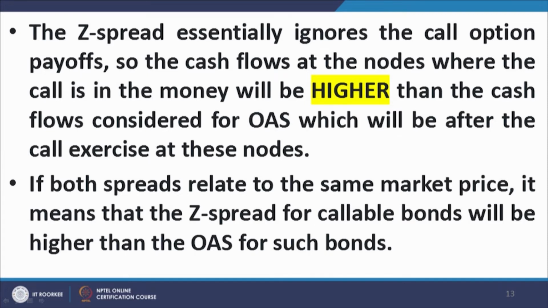And this will also be clear by the example that I will take up. But the important thing is, if at a particular node the call option turns out to be in the money, that is the computed price of the bond at a particular node is higher and the exercise price is lower, then what happens?